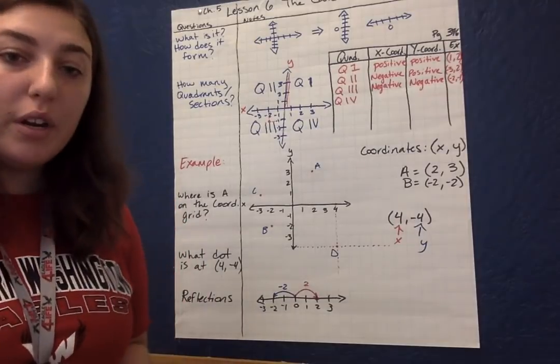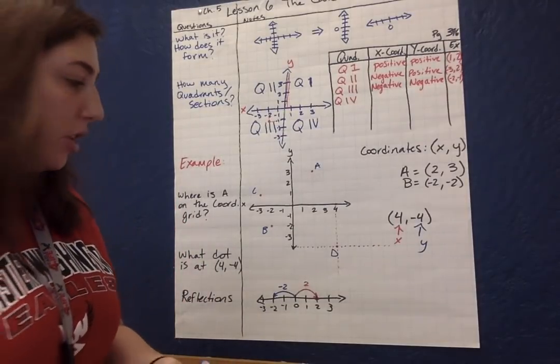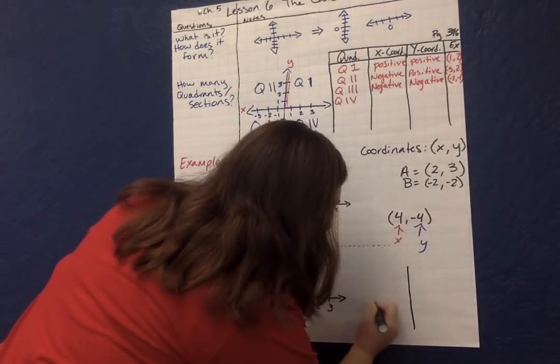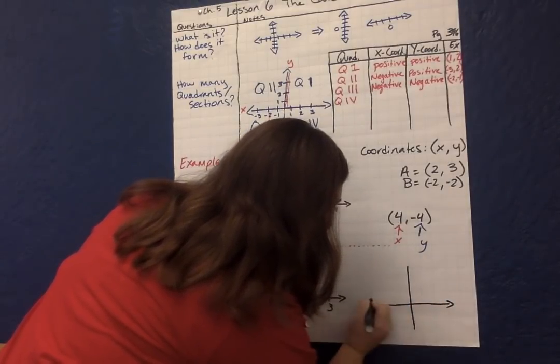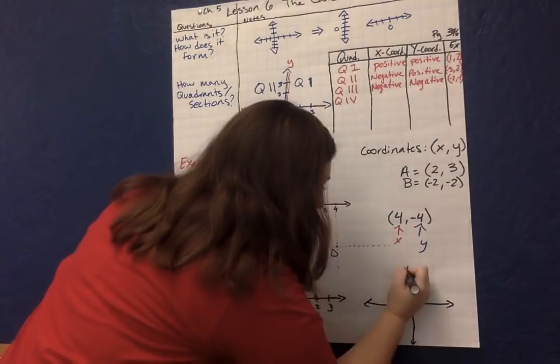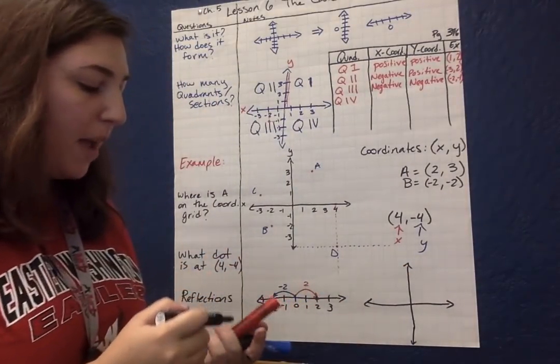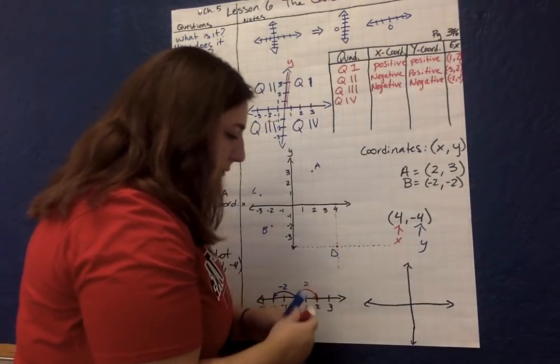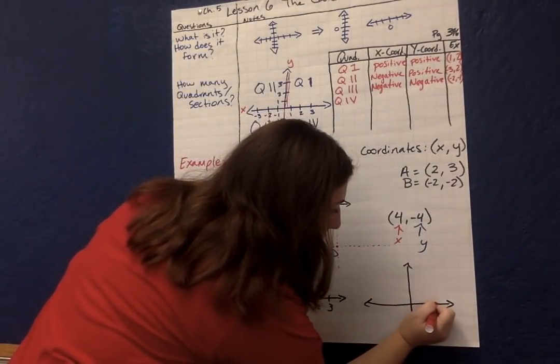So on the coordinate grid, when we're talking about reflections, and I'm asking you, find the reflective point of right here.